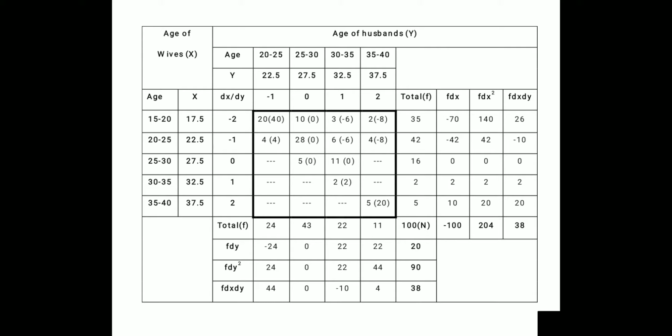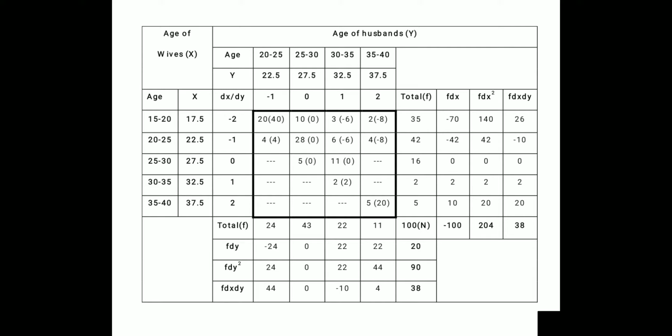So 20 into -2 into -1 will give us f into dx into dy. So 20 into -2, that is -40, -40 into -1, that is 40 here. Okay, so that is the corner value. Okay, so for each cell this has to be computed, that is f into dx into dy.